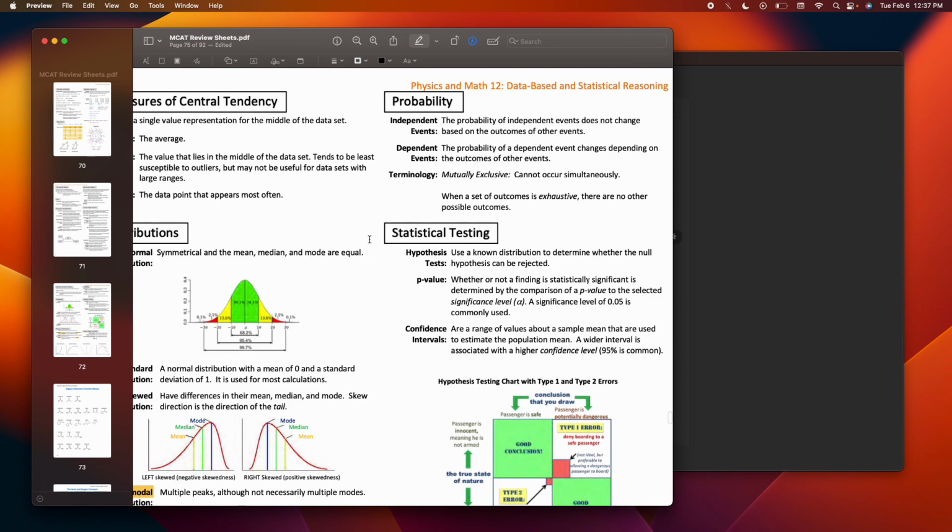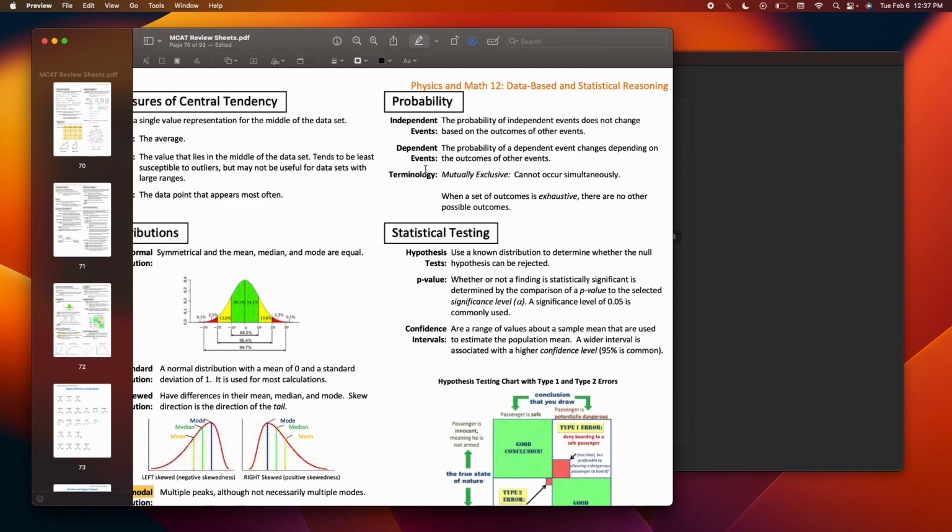Now for probability, we have independent events. The probability of independent events does not change based on the outcomes of other events. We have dependent events. The probability of a dependent event changes depending on the outcomes of other events.